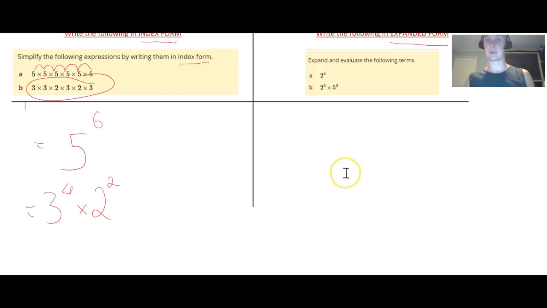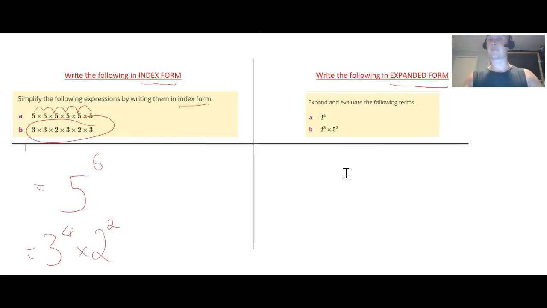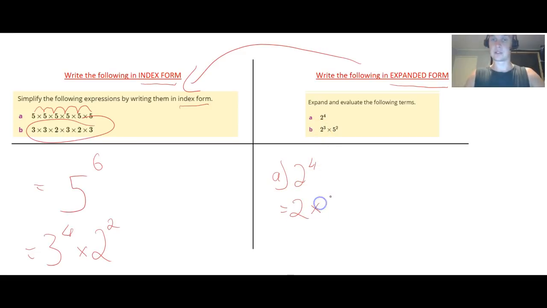Now if we look over to this side, we're going to write the following in expanded form. Expanded form is basically the opposite to index form, where we turn these index forms into the expanded, or repeated, multiplication. First question, A: we have 2 to the power of 4. Our base number is 2, so that's going to be 2 times 2 times 2 times 2, because we're doing this 4 times.